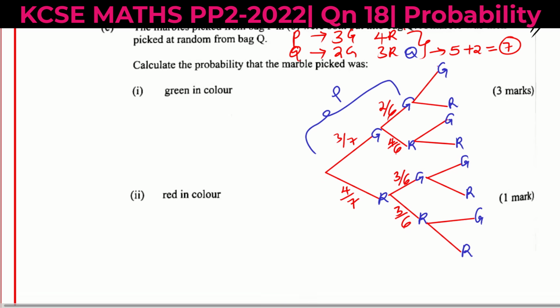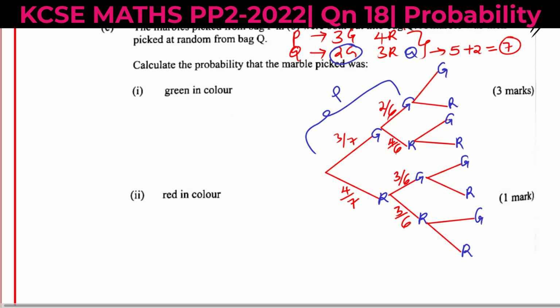Now we need to fill the probabilities in the last branch, and this is how we are going to do it. The first branch, you picked green and green. Those are two marbles, green, green. Two greens are being put into bag Q. In bag Q, how many greens are there? There are two greens, and then two greens from bag P. So those are a total of 4 greens.